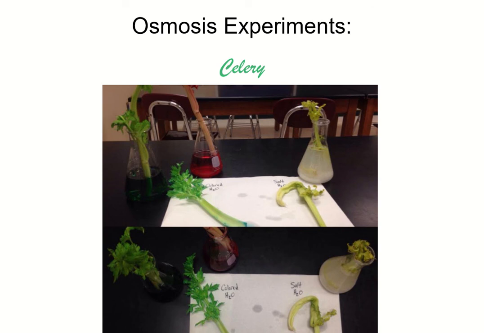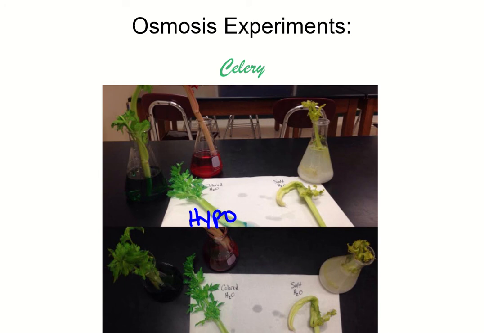Celery. We have water, so this would have been the hypo. Very fresh produce. A lot of times supermarkets will spray their produce with water, fill them up, try to keep them fresh, juicy. Also, if they fill up with water, then they weigh more.